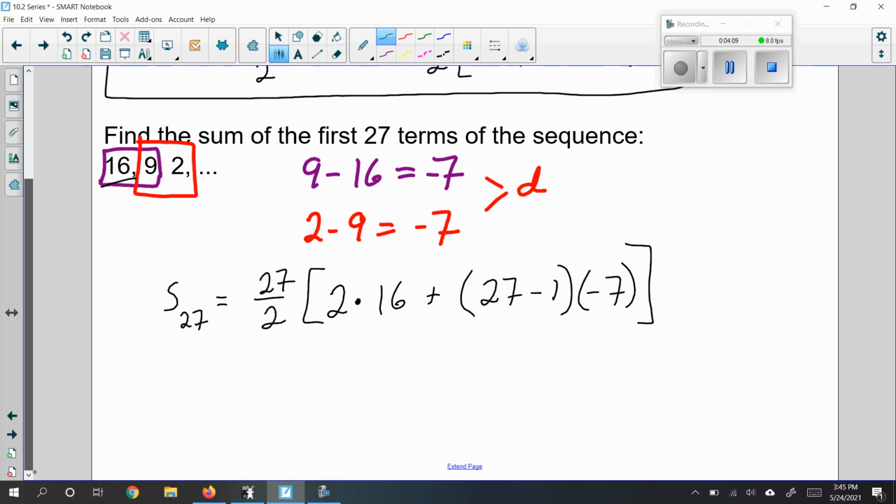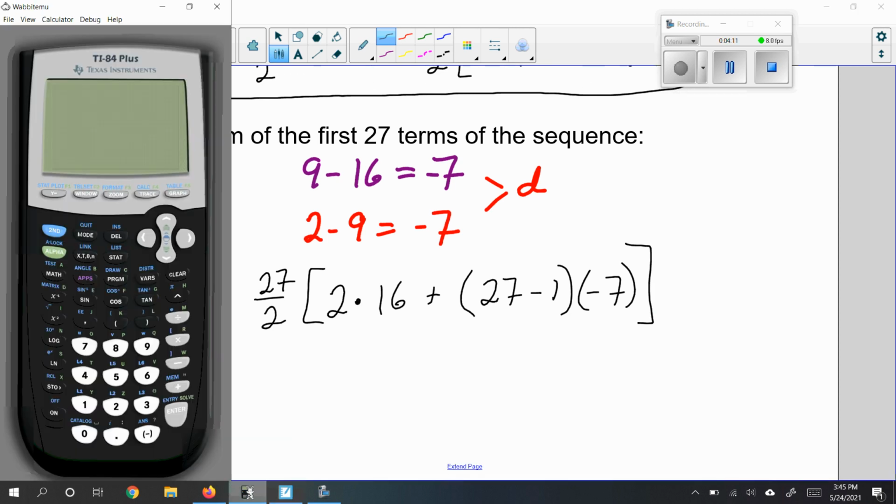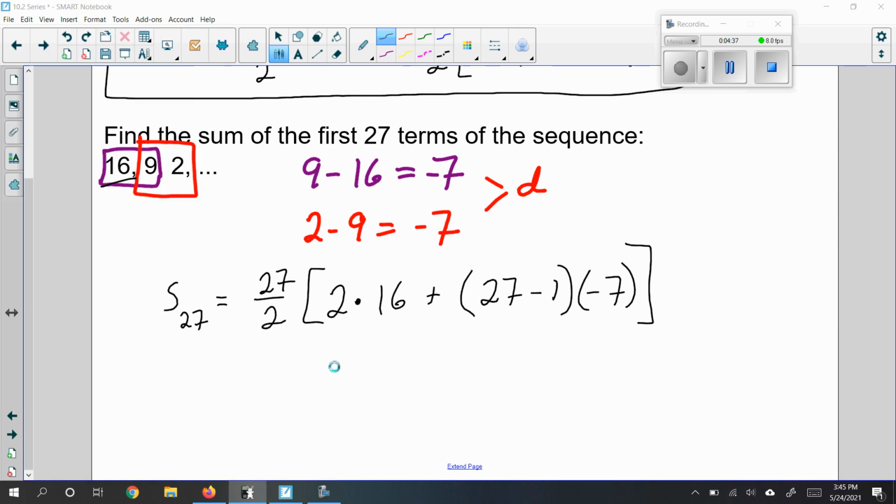Okay, so let's plug all this in our calculator. Okay, so the sum is negative 2025.